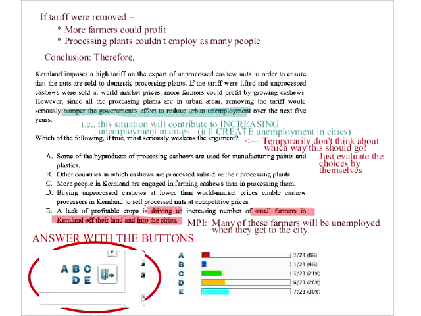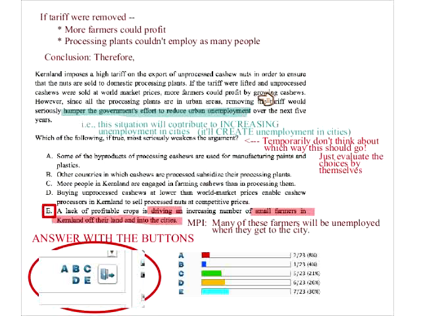So what this means is that if you don't do this, then farmers will drift into the city and become unemployed. So the way this weakens the argument, this is the correct answer. We're not even questioning that unemployment will be created if we do lift the tariff.